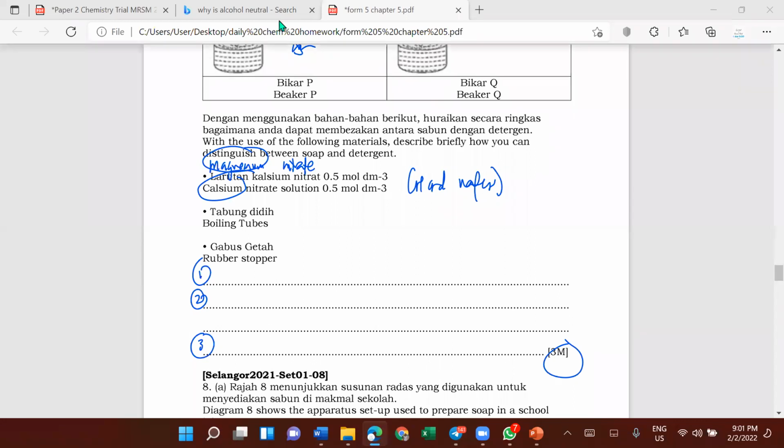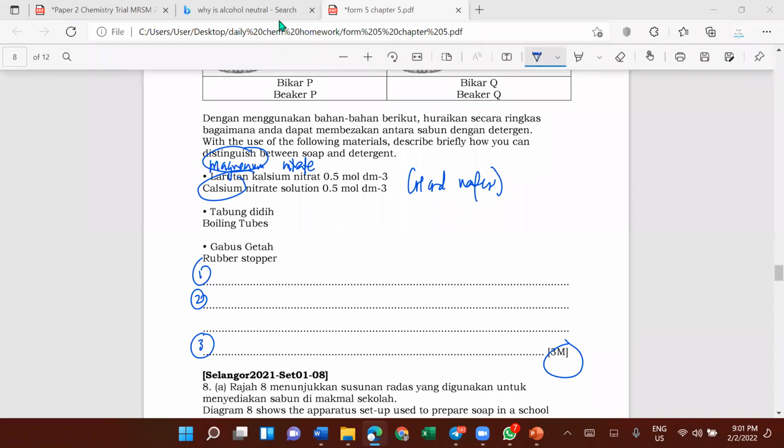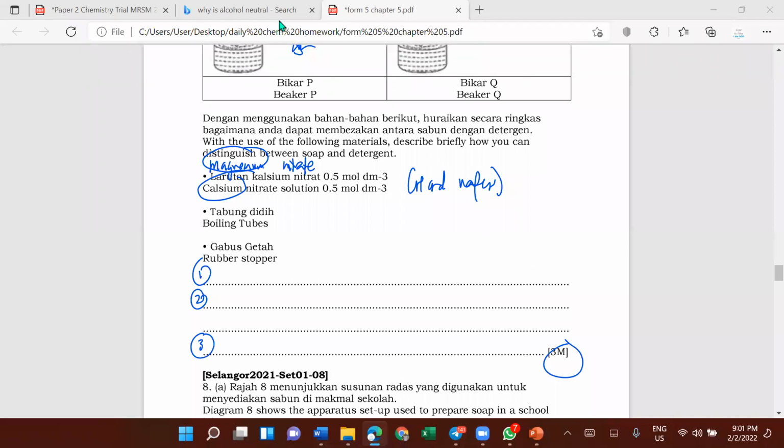Farah, can be Mardia, can be Shira, I haven't heard your voice yet. Maithili, you can also try if you want. Okay, number 1.